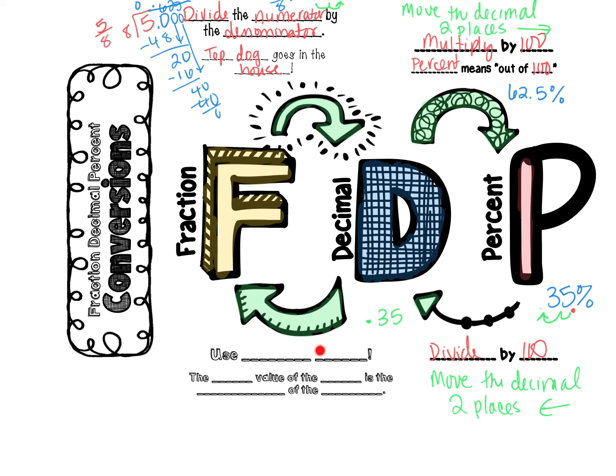Now I want to go from decimal to fraction. Well, we've actually already learned that. I'm just going to use place value. The place value of the decimal is the denominator of the fraction.